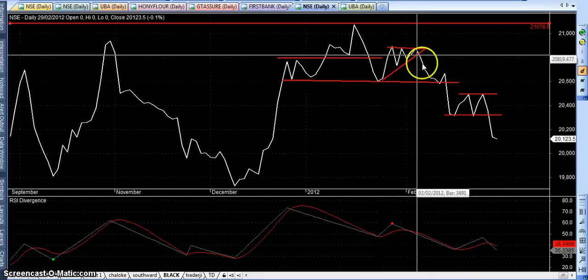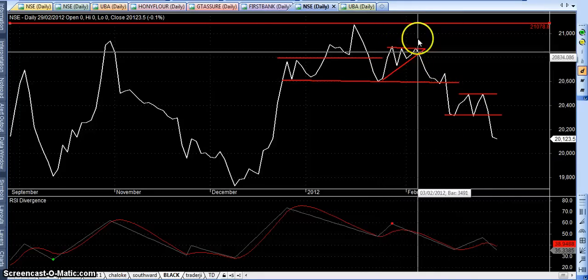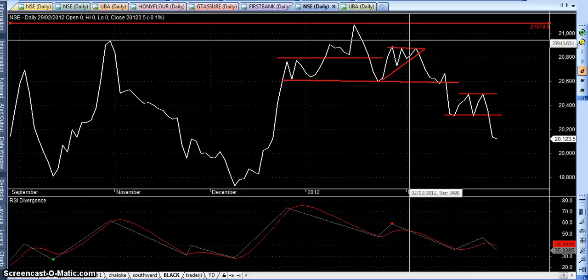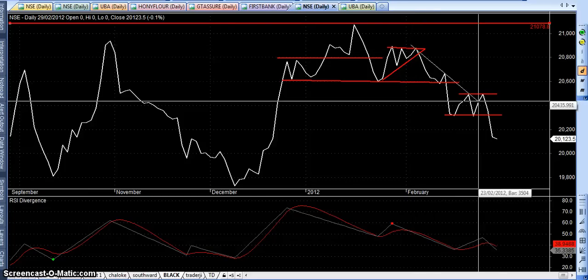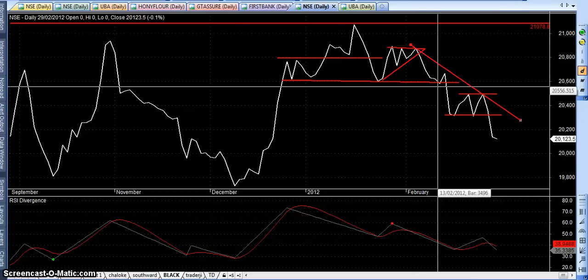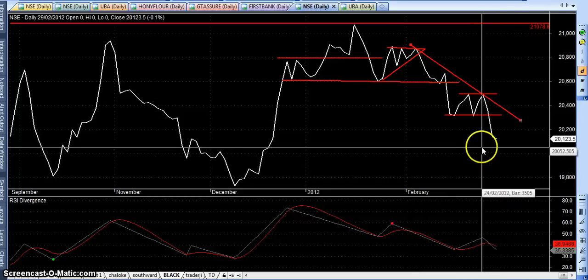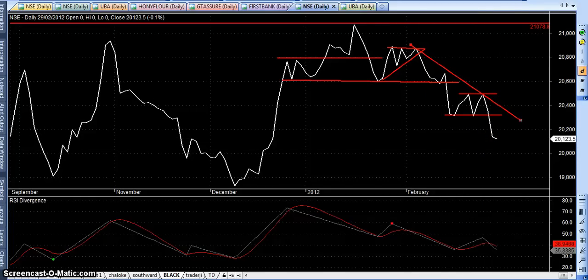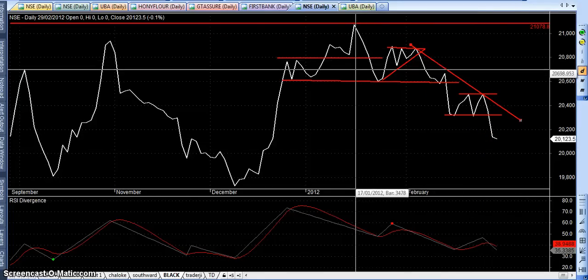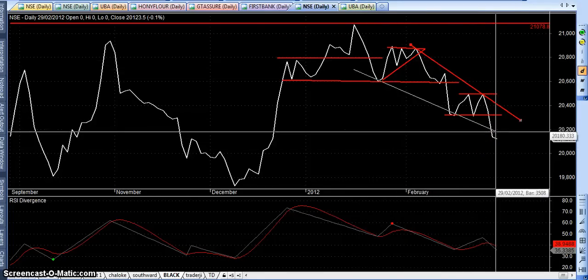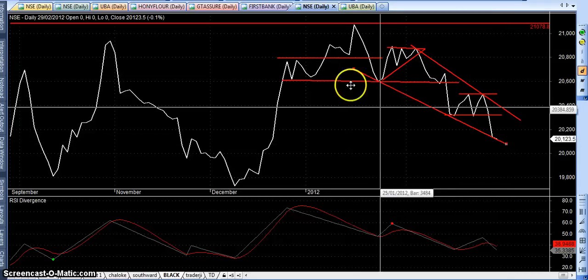It tried here, came down, and we've been trending lower and lower and lower continuously. So basically, from the support level you can see what your index is doing.